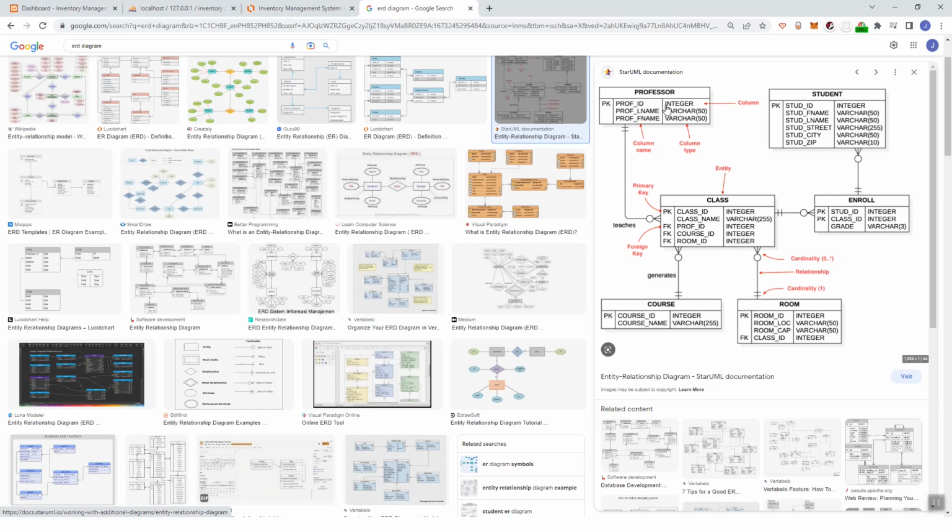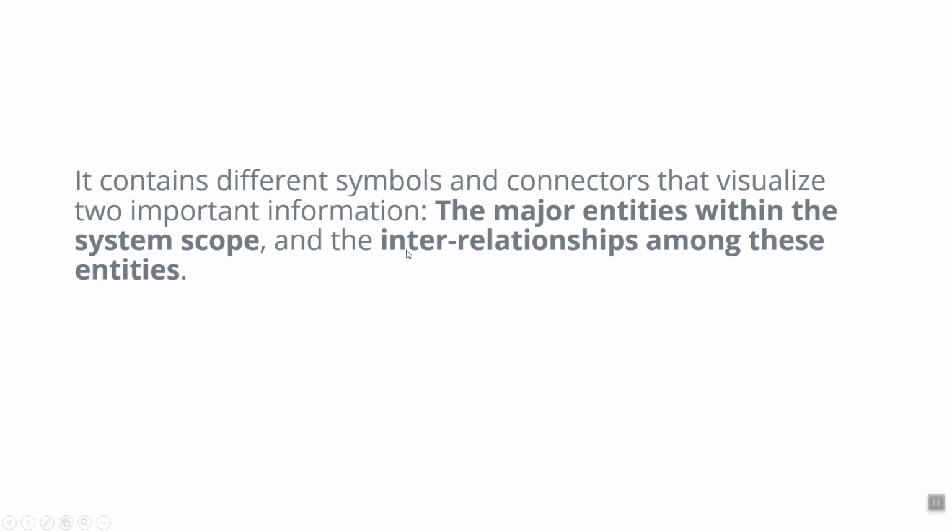These are the data, or what they call the entities. Inside the entities, as I said before, are the data or properties that we are going to capture for those entities.